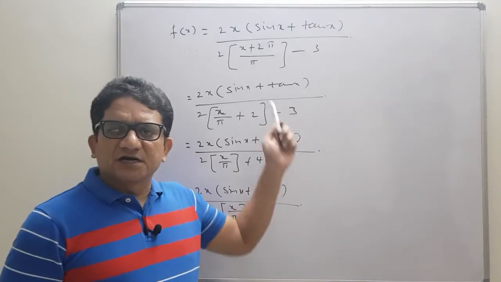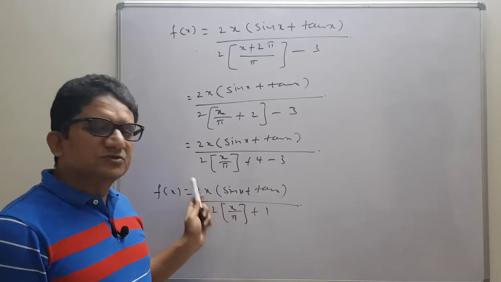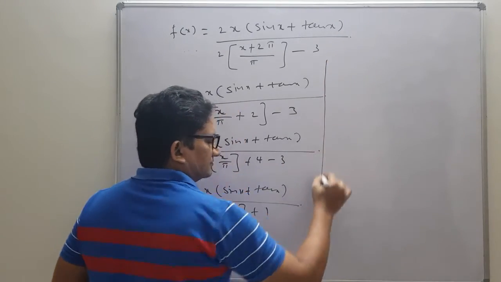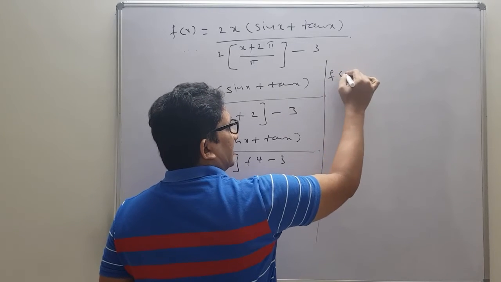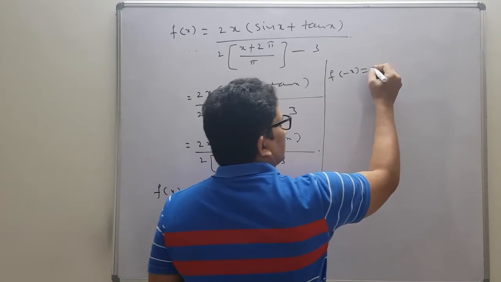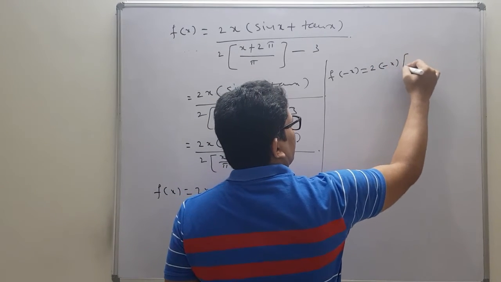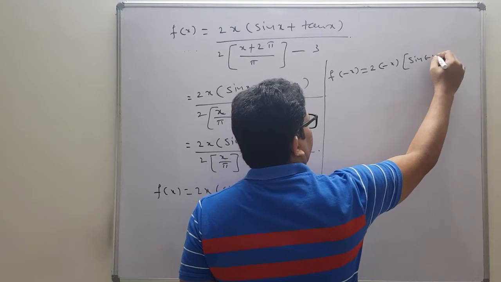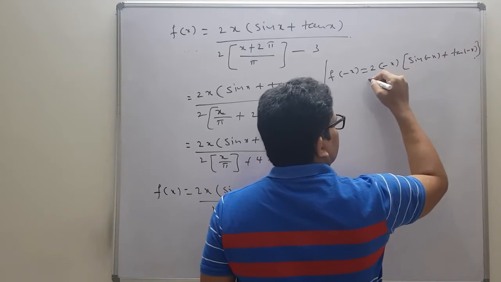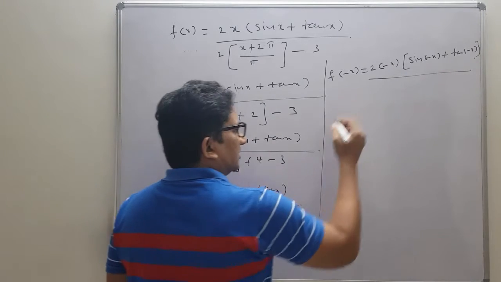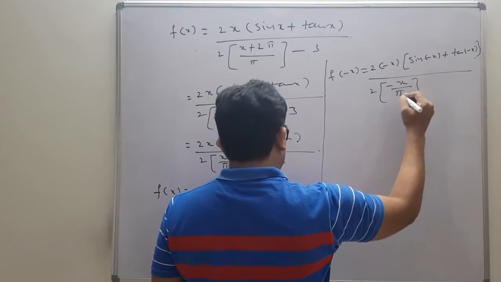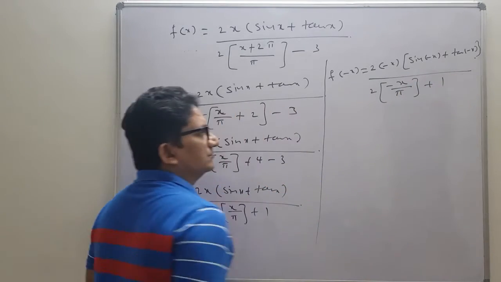Now we converted the given function like this to do the calculations easily. Now we come back to the point: replace x with minus x, that means f of minus x equals 2 times minus x into (sin of minus x plus tan of minus x) divided by 2 times the greatest integer function of (minus x by pi) plus 1.